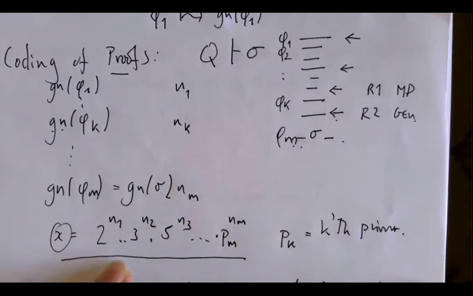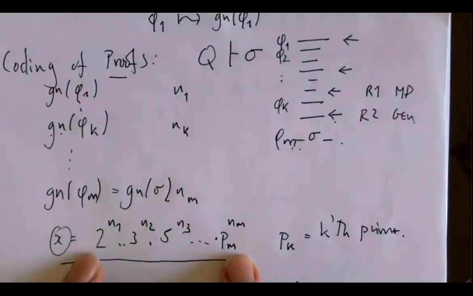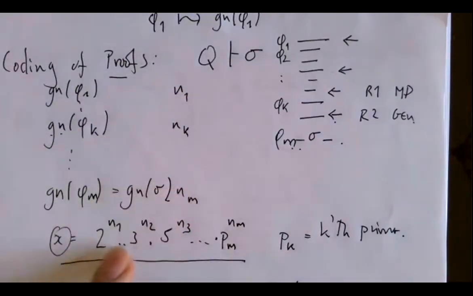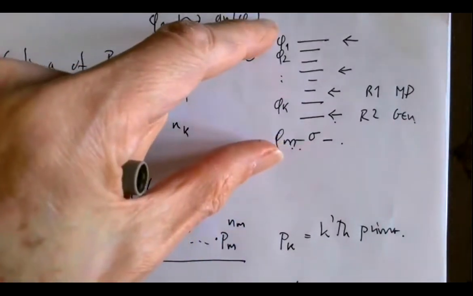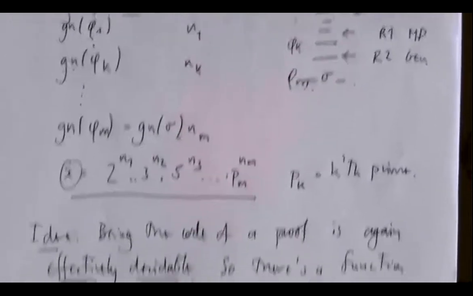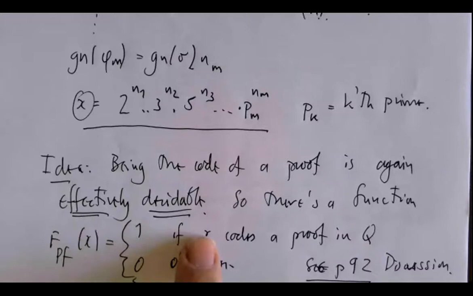If I've got m numbers to code up, I can use the first m primes and use these values as exponents for the primes. So each proof, or purported proof, gets itself a code number. And being a code of a proof is also something that we can check using a computer program. So we call it effectively decidable.